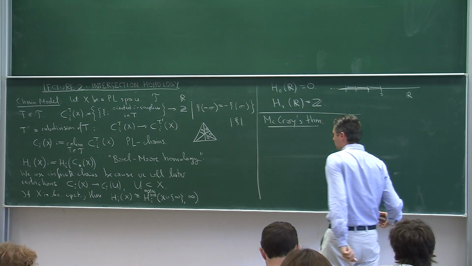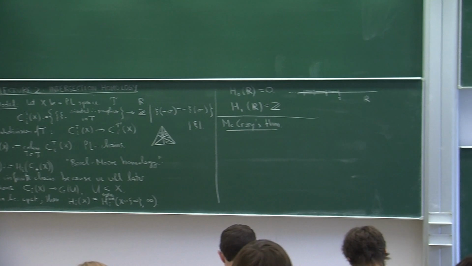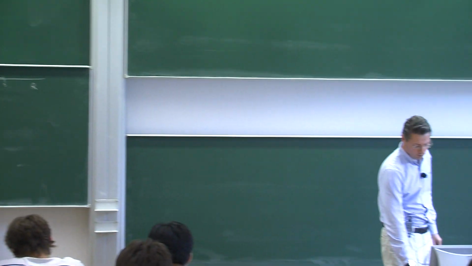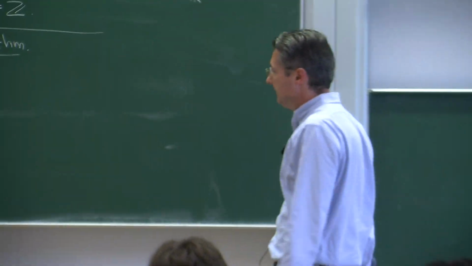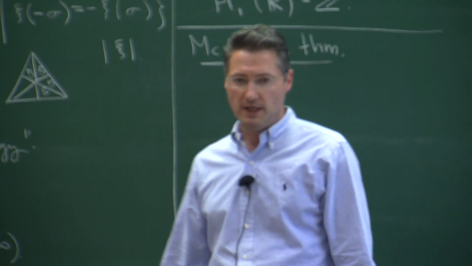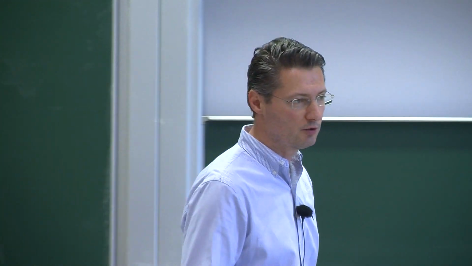Next, I want to discuss briefly a theorem of McCrory. I want to try to make the definition of intersection chains appear as natural as possible. Therefore, one should perhaps analyze in more detail what actually goes wrong with Poincare duality.